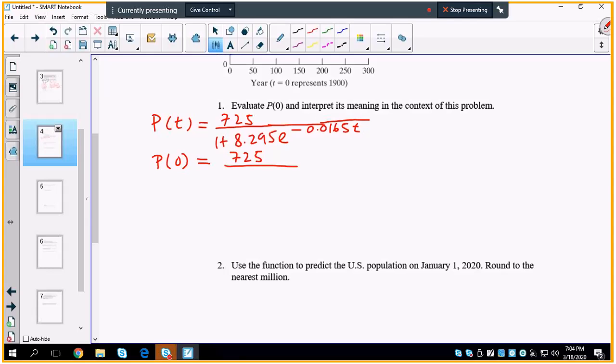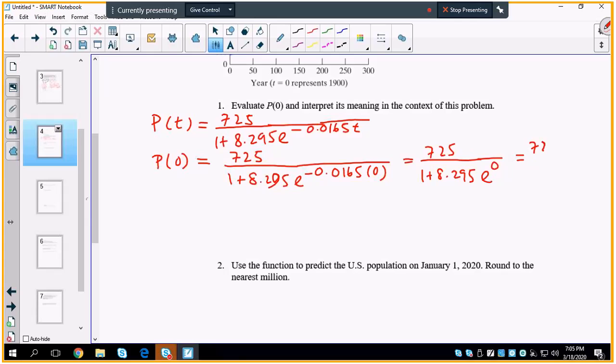So it's 725 over 1 plus 8.295 e to the power negative 0.0165 times 0. Remember, this portion is just 0 after the multiplication. So I get 725 over 1 plus 8.295 e to the power 0. e to the power 0 is 1, so you get 725 over 1 plus 8.295, which is 725 over 9.295.